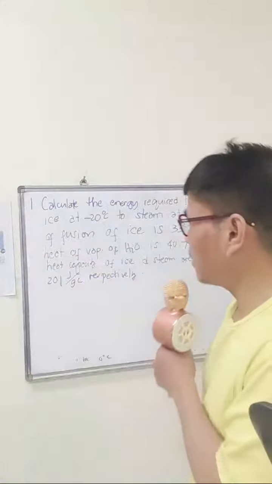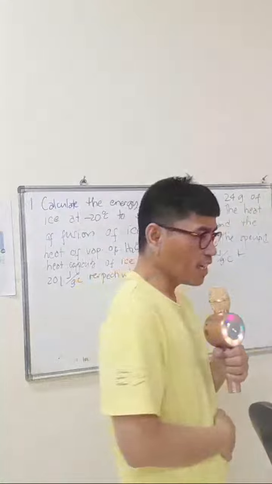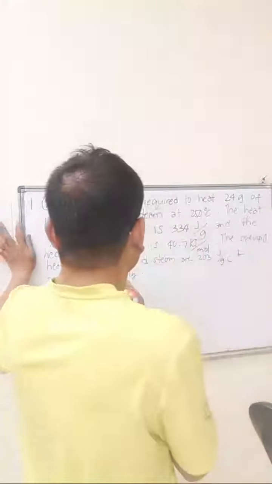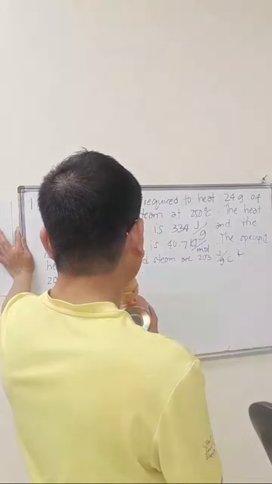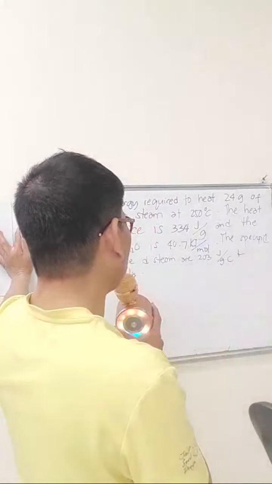This is my second for this day because the other one is very lengthy. So I'm gonna read first the problem. Calculate the energy required to heat 24 grams of ice at negative 20 degrees Celsius to steam at 150 degrees Celsius.